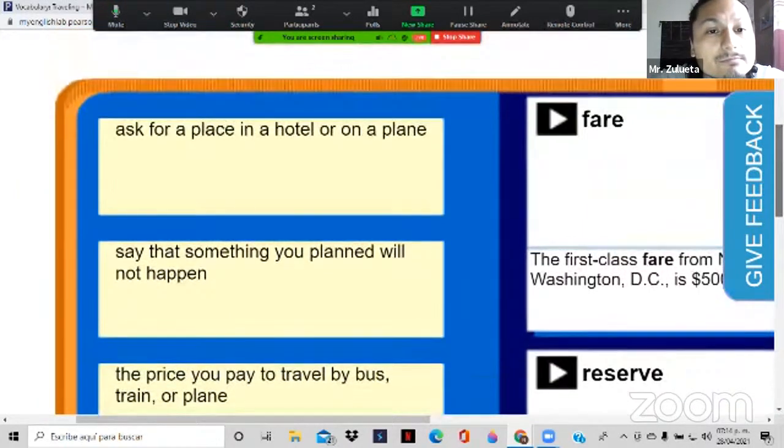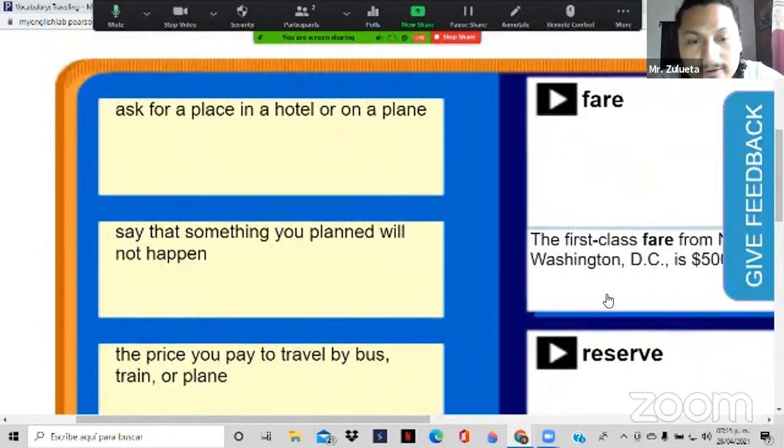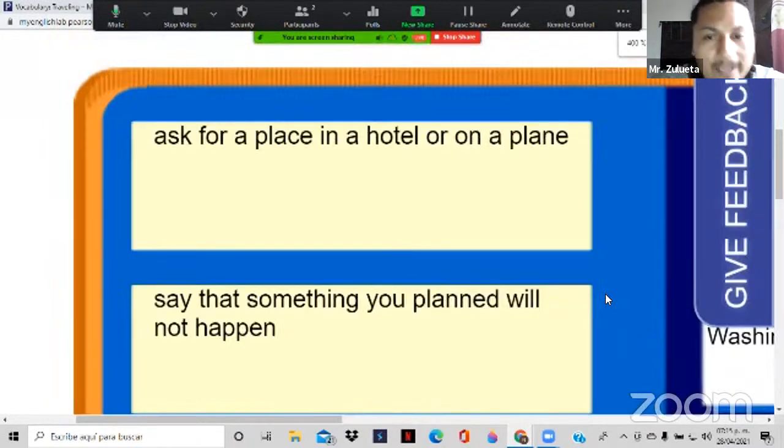You will try to remember the vocab that we just went over and tell me which of those words best represent this meaning. Number 1, ask for a place in a hotel or on a plane. Which of the words do you think best fits?